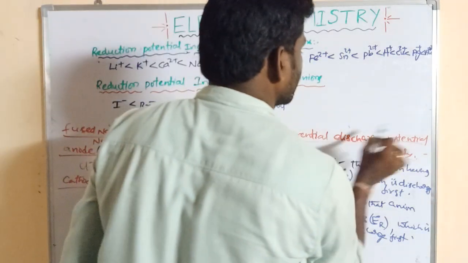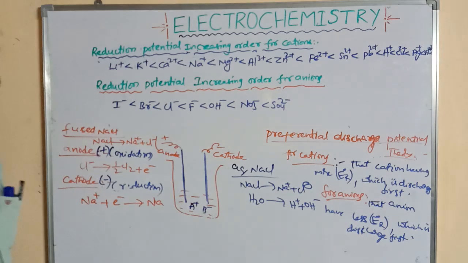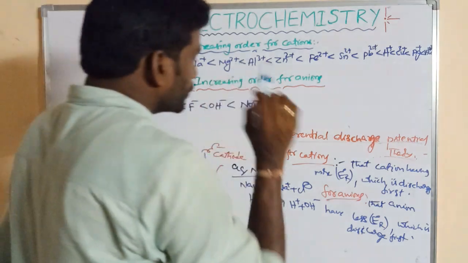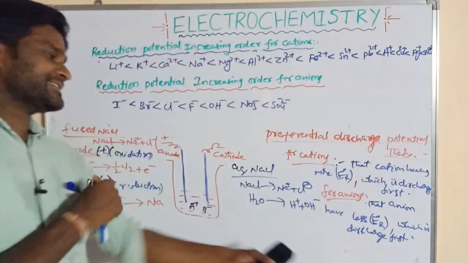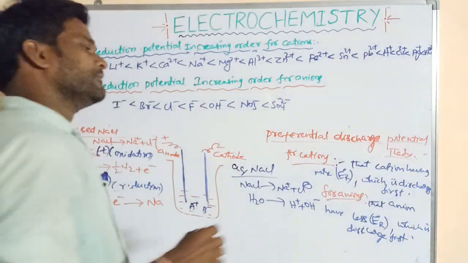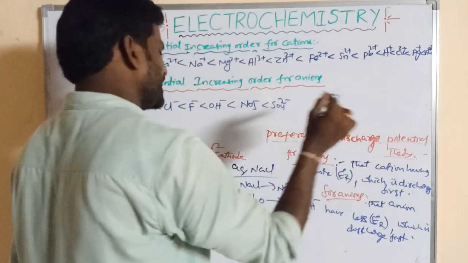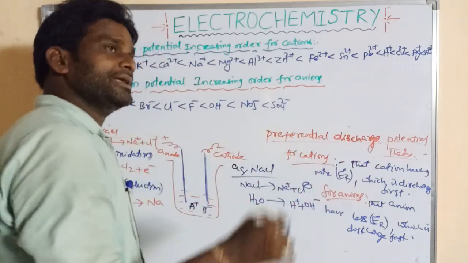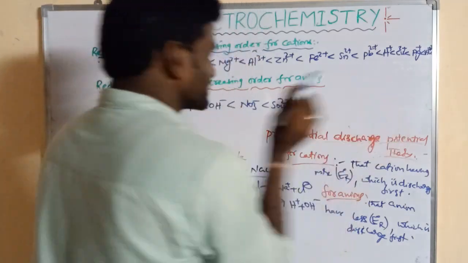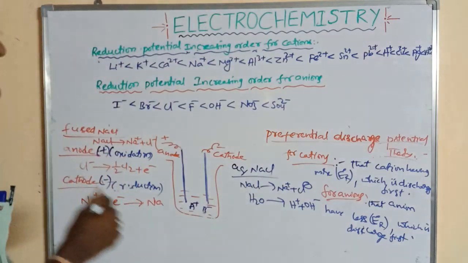According to the preferential discharge potential theory, when two or more cations and anions are present at an electrode, the cation having more reduction potential is preferentially discharged.